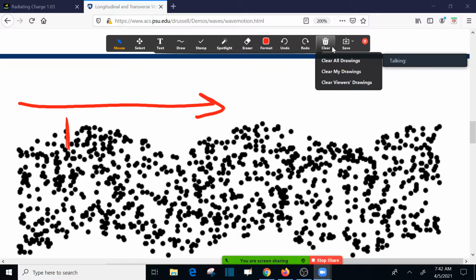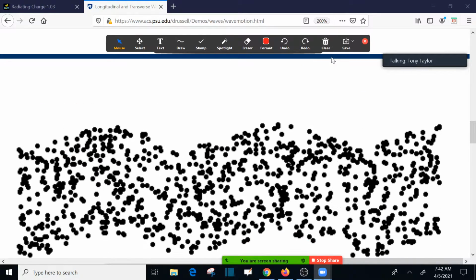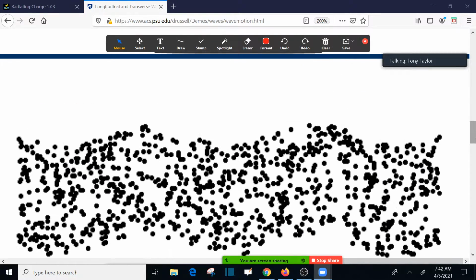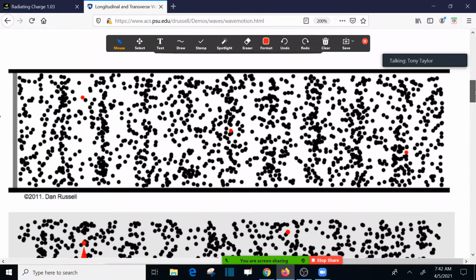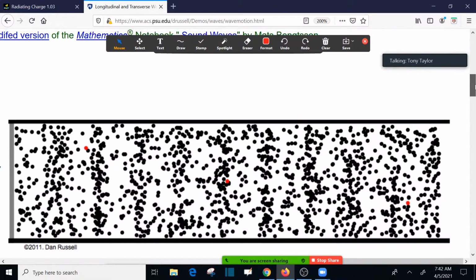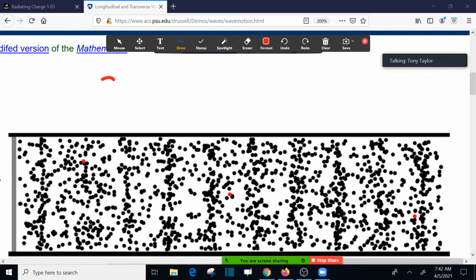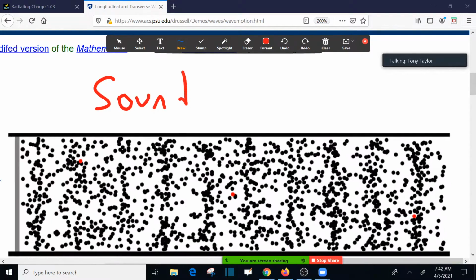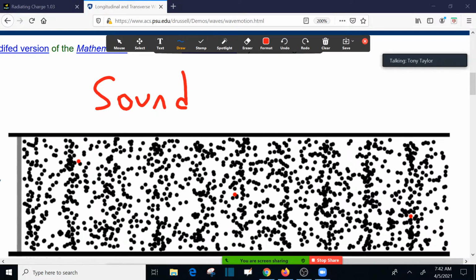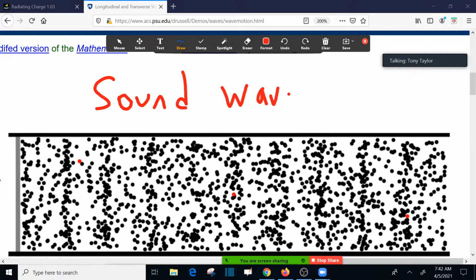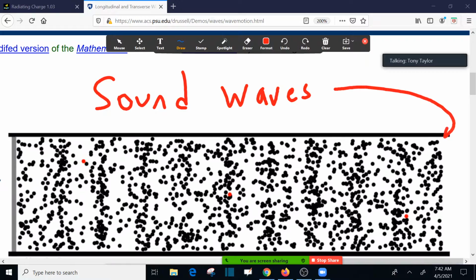Now, there are different examples of these waves in nature. I want to start with sound waves. For those of you guys that don't know, sound is a longitudinal wave. So, guys, if you could visualize sound waves, they will look something like this.